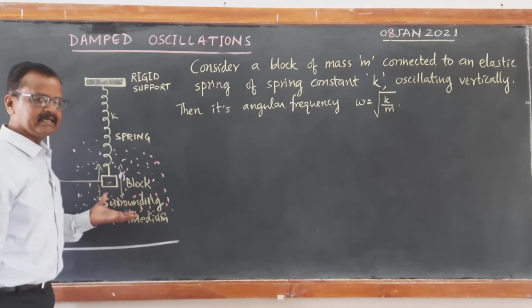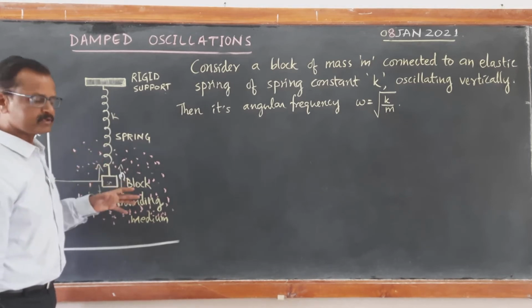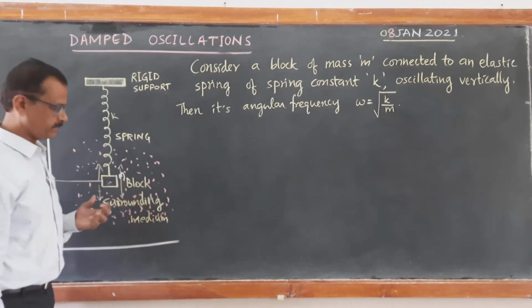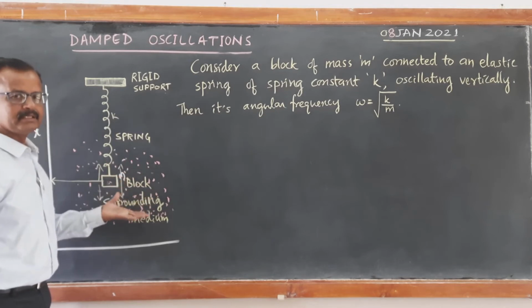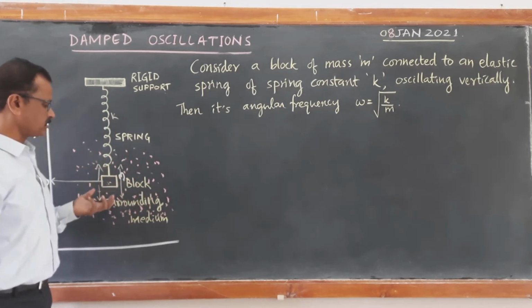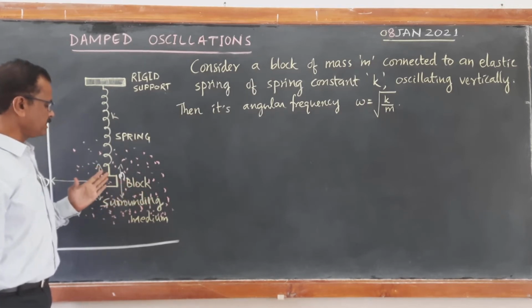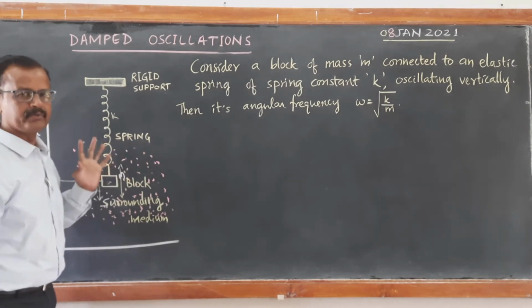And this drag increases if the medium is replaced by some other medium like a liquid medium. If it is done in a liquid medium, then drag will be still more, the dissipation of energy will be still more, and the oscillating block comes to a halt very quickly.